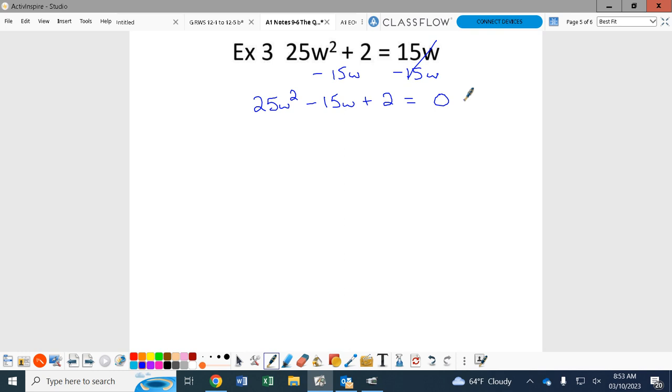I need the highest power to go first because the square term is going to give me my A, which in this case equals 25. The one with just the W with power of 1 is going to give me my B, which is going to be negative 15. My C is going to be the constant, or the one without the variable at all, so that's going to be C equals 2.